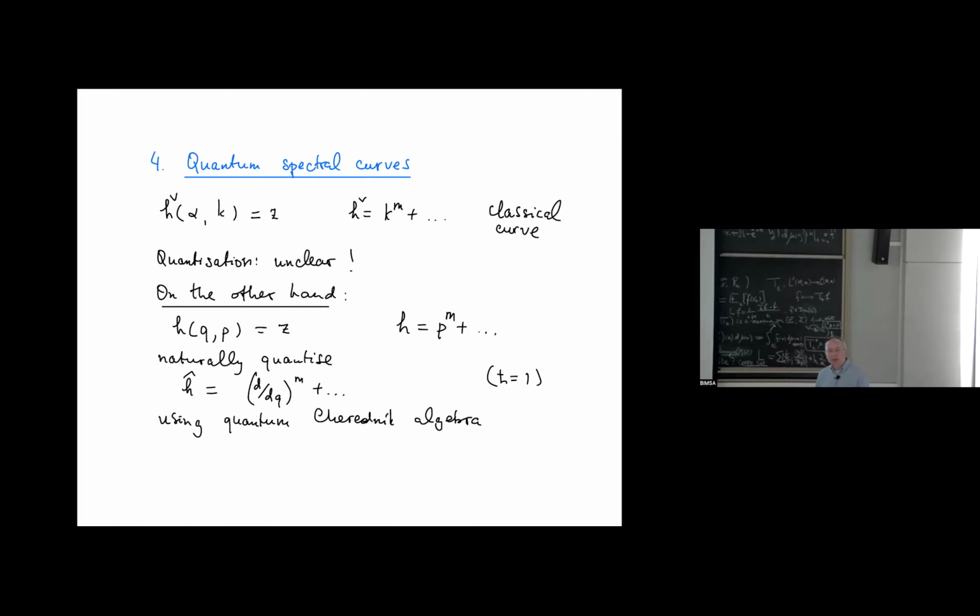Hitchin fibrations, mirror symmetry for Hitchin fibrations I've mentioned before. Also, you can see here instances of this geometric Langlands duality as well. So these are nice examples where you can just see this with your bare hands.